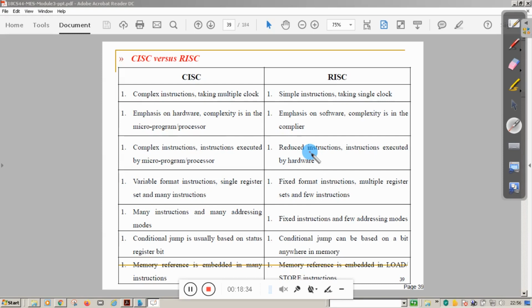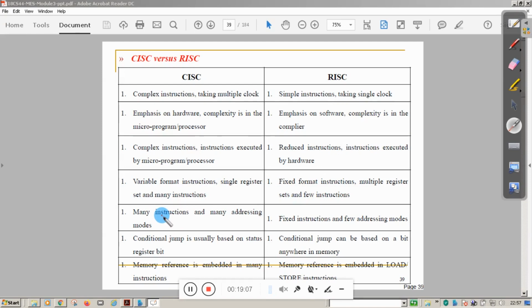But in the RISC processor, it operates on a load and store architecture. Load and store means most of the operations are carried out in registers rather than in memory. That's why there is only one form of an instruction rather than multiple forms. CISC has variable format instructions, while RISC has fixed format instructions.